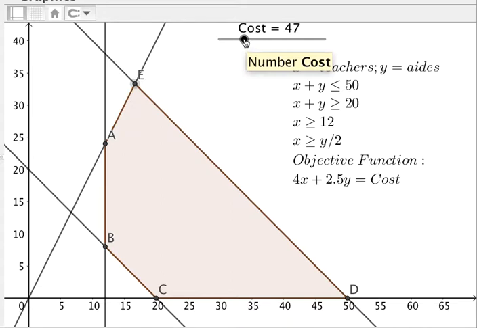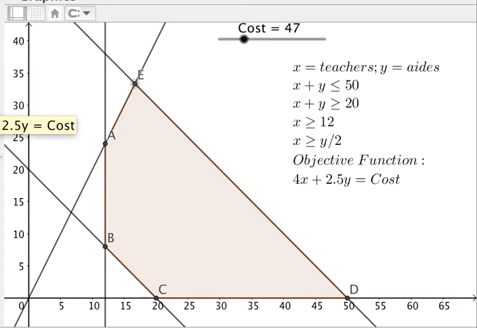We don't know what that cost is, but what we do know is the slope of that, and that's determined by the relationship between the teachers' salaries and the salaries of the aides. So for example, if we solve this objective equation in terms of y, we would get y equals cost divided by 2.5 minus 4x divided by 2.5, which gives us negative 8/5 x as our slope.